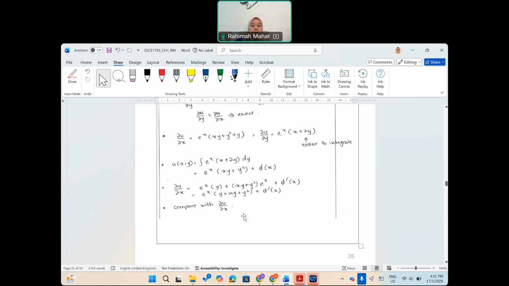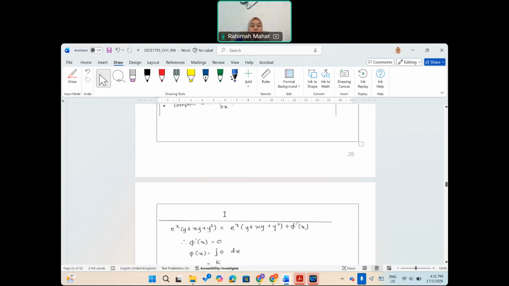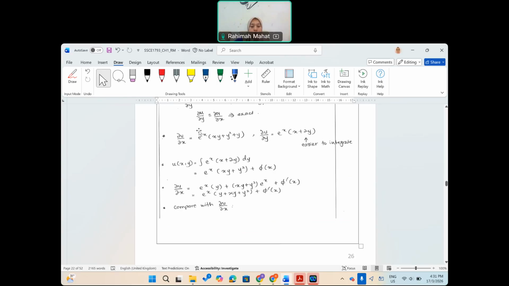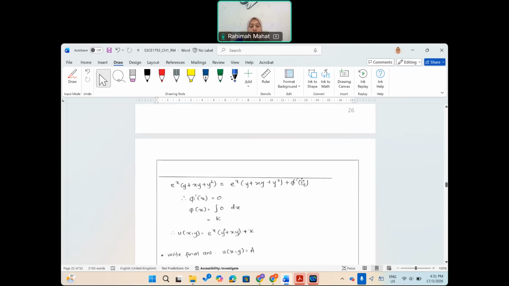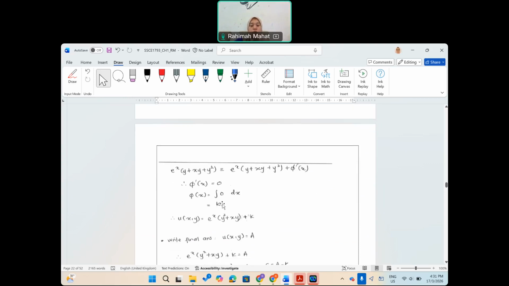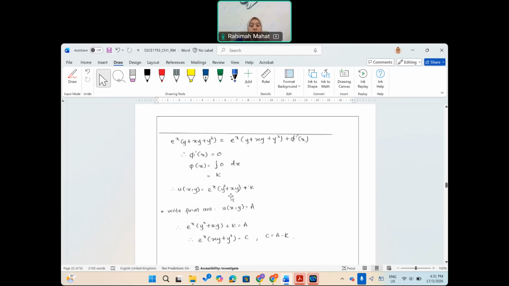Compare delta u over delta x with what you got here. So we can see that phi prime(x) is equal to 0, because all the terms match. If you integrate 0, the value is a constant, any number. So you can get u(x,y) is equal to e to the x (xy plus y squared) plus k.